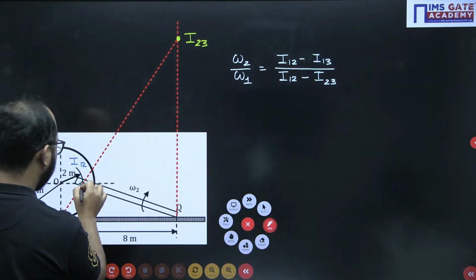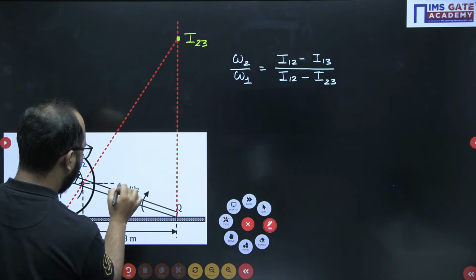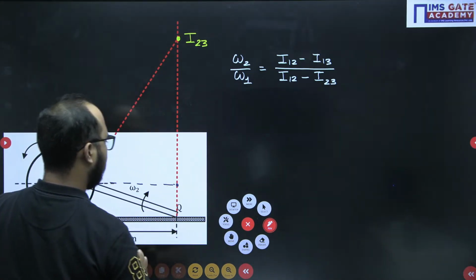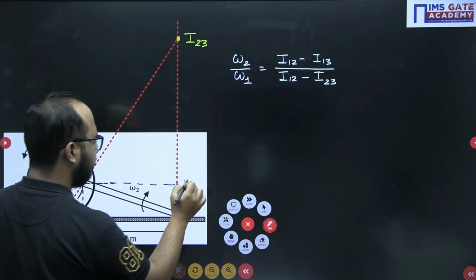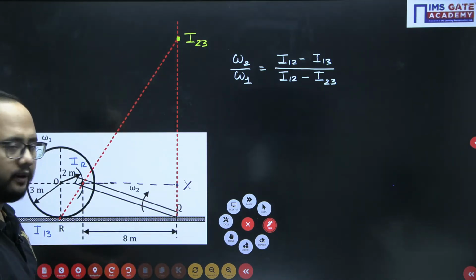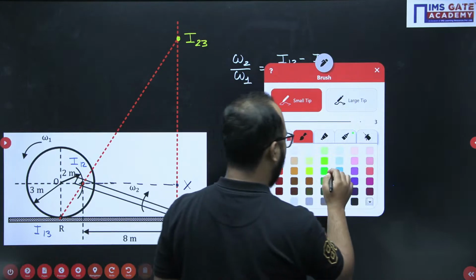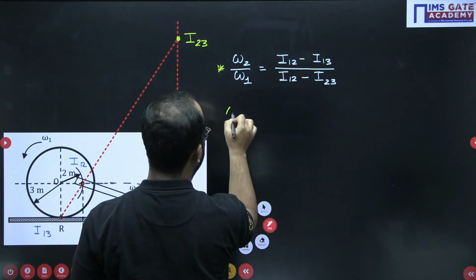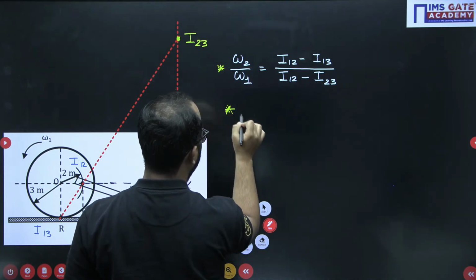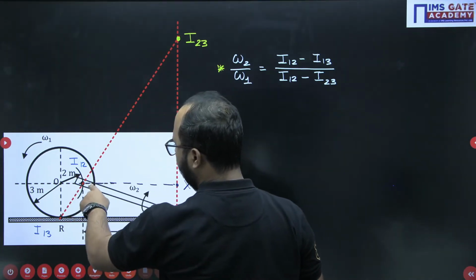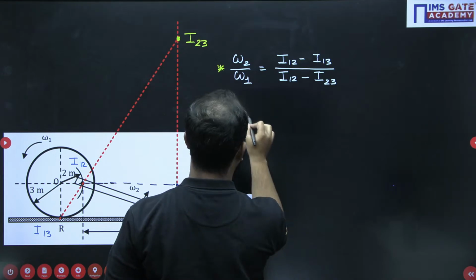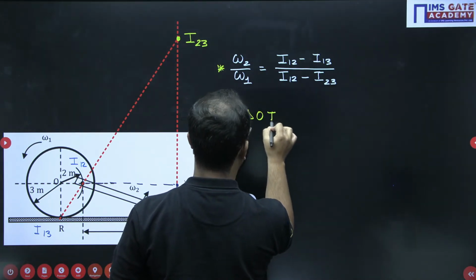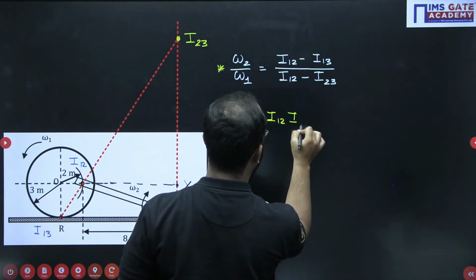Let's suppose from this point, if I draw a horizontal line like this. Okay, consider this point as X. Now just focus on two triangles here. The first triangle is O, I12 and I13.